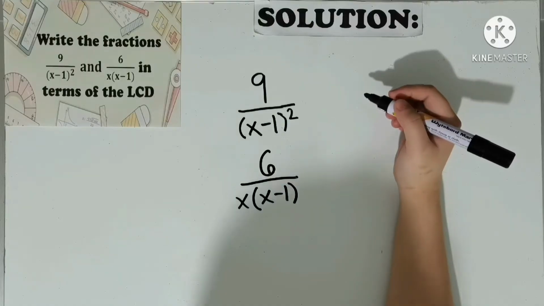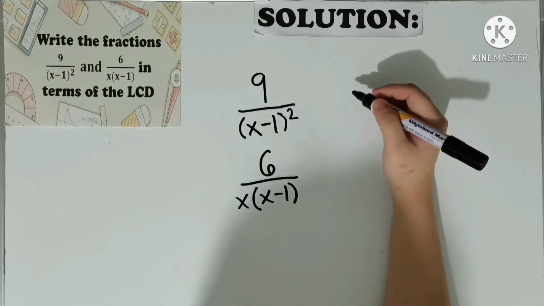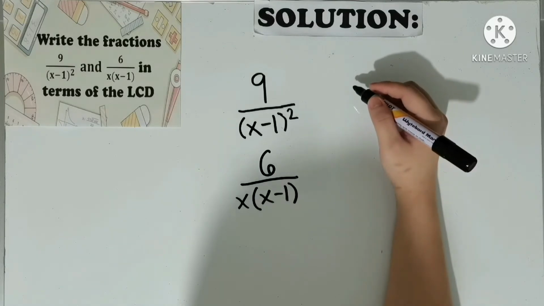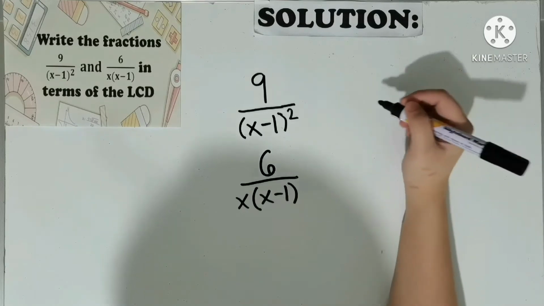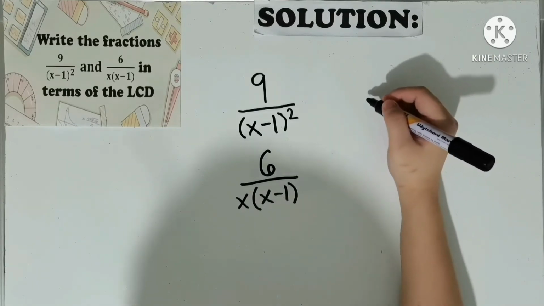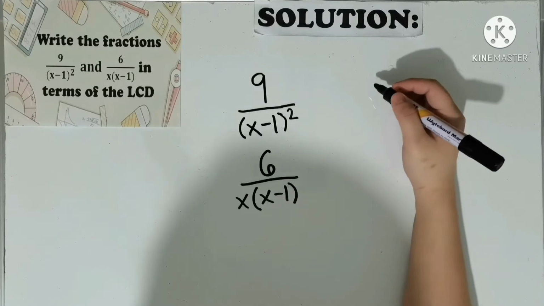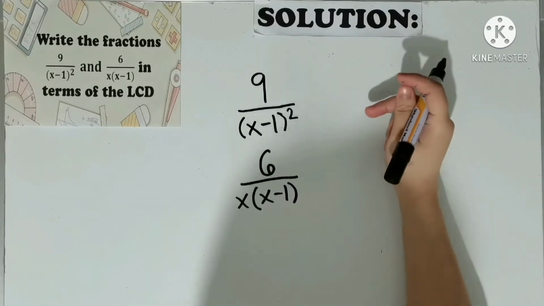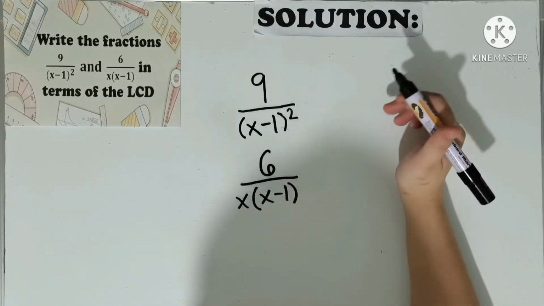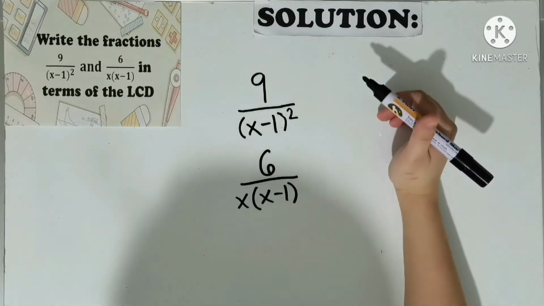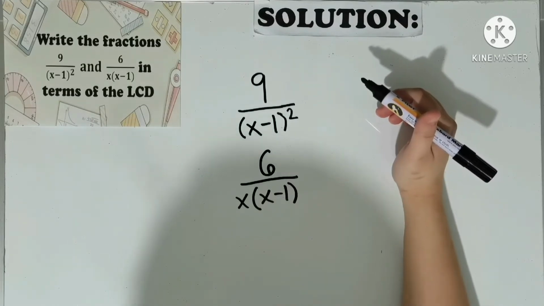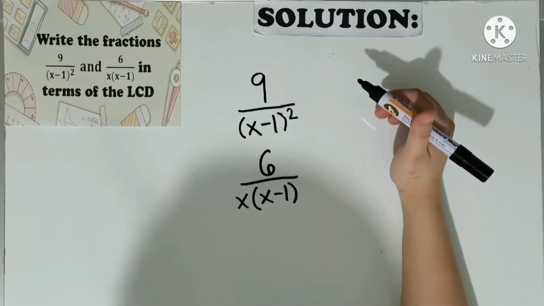Write the fractions 9 over the quantity x minus 1 squared and 6 over x multiplied by the quantity x minus 1 in terms of the LCD. As you can see, our LCD is x multiplied by the quantity x minus 1 squared. Again, in order for us to express these two expressions in terms of the LCD, let's multiply the numerator and the denominator by the factors whose product with the denominator is the LCD.